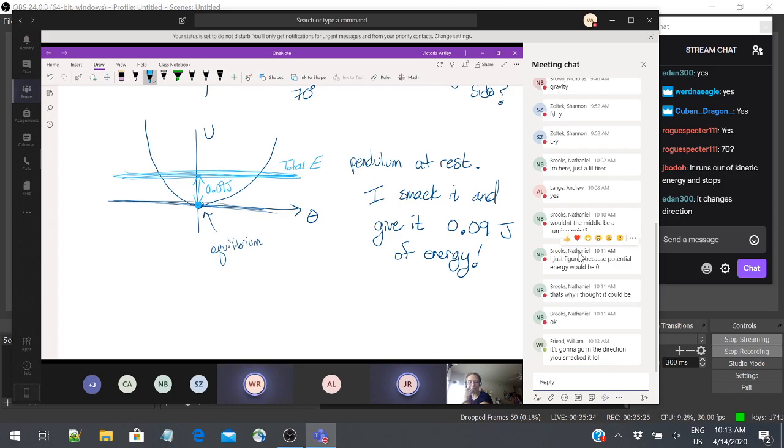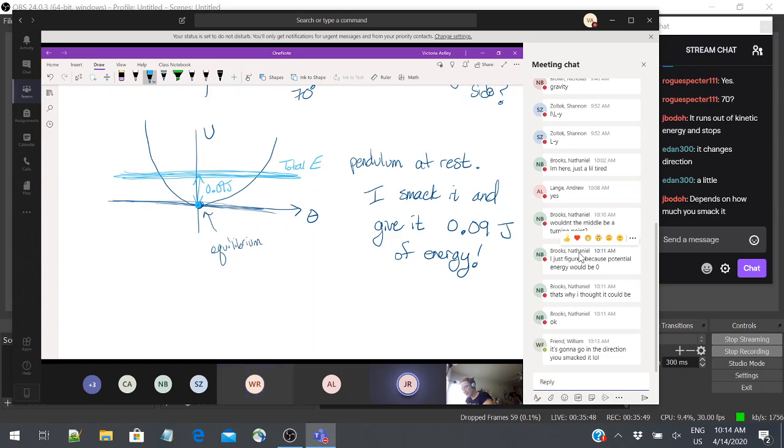It's going to go in the direction I smacked it. Is it going to swing all the way out to 90 degrees? Is it going to swing past 90 degrees? Is it going to swing out just a little bit? How far is it going to swing out? Depends on how much you smack it. How much I smack it determines the height of this total energy line.